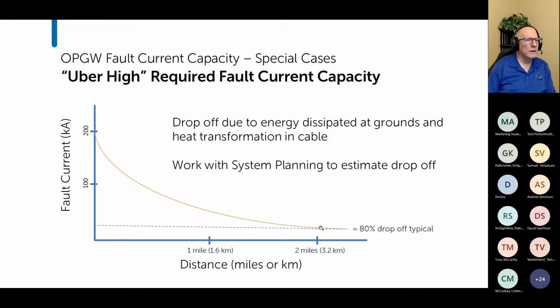Every structure along the way. Plus, the heat transformation in the cable is dissipating some of the energy and causing the current to drop. You can work with system planning to estimate the drop off. That would be specific. This is just to illustrate the concept.